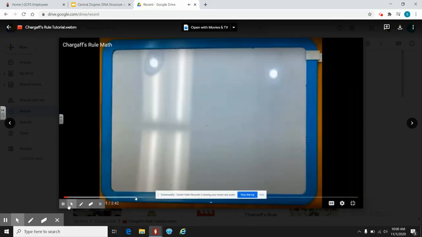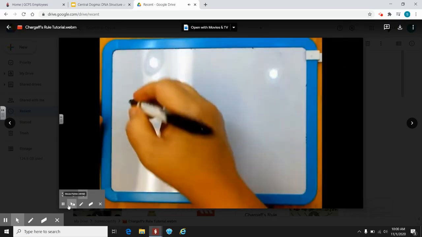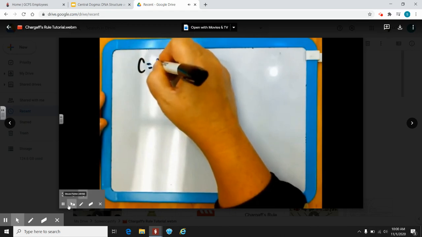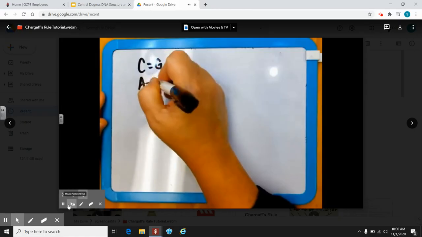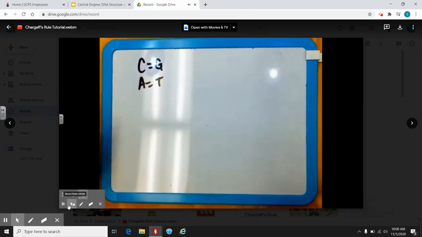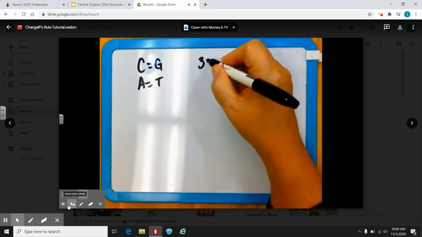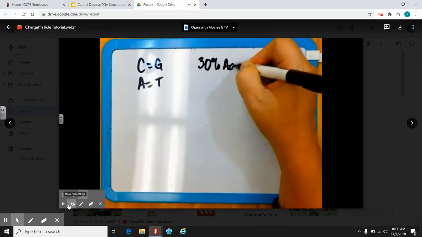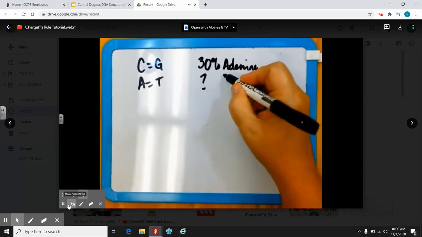Follow along. So some of you just can't remember how to do the Chargaff's rule question. So you have to know that G equals C and A equals T. So if I tell you that there's a certain amount of something, let's say we have 30% adenine, and I want to find out how much guanine.